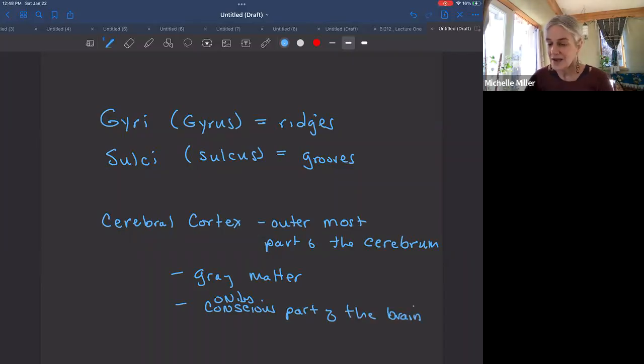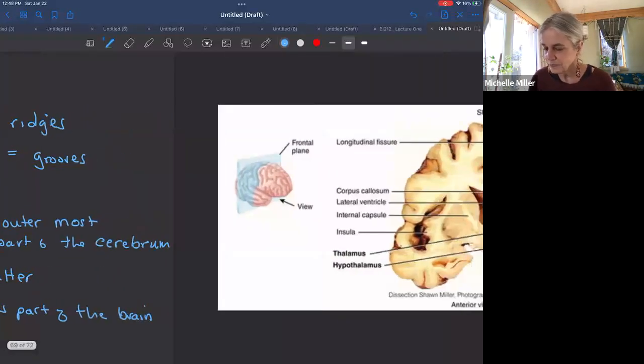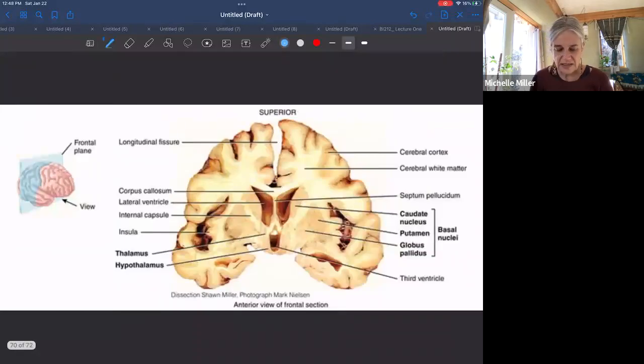So let's look at the histology. This is a frontal section through the brain so that you can see the ridges, the gyri. This would be a gyrus, this would be a sulcus, and you can see this thin layer on the outside, which we refer to as the cortex.